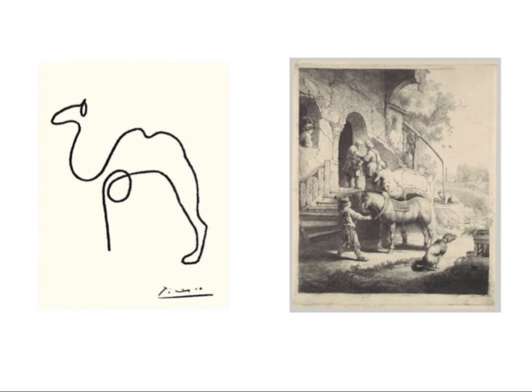Okay, so moving on, if we look at these next examples, I have this one as an example of how different two works of art can be using the same element of art, in this case the one that we're studying, the element of line. On the left, we see a picture of a camel by the artist Picasso. It's a good example of a gestural study where with this one line he gives us this indication of a camel in this very stylized, abstract type of way.